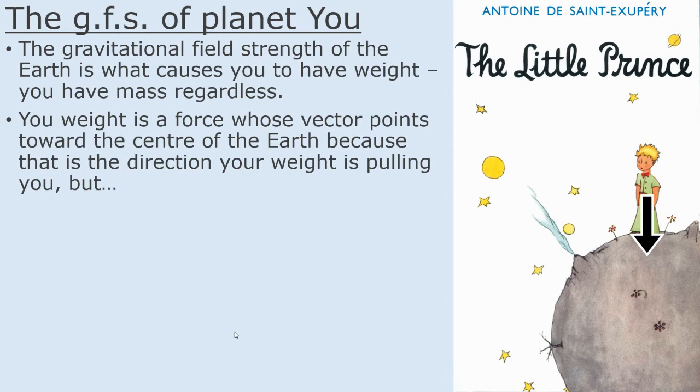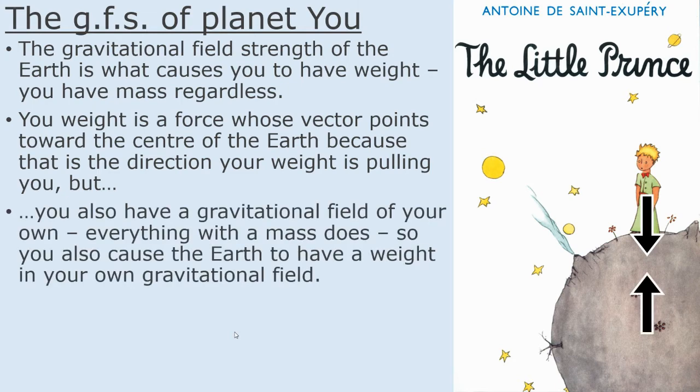Cars and buildings and mugs and dogs, everything's got a gravitational field, but because they're so tiny compared to the Earth, we don't really notice it. So when we're looking at this, the gravitational field strength of the Earth pulls you towards it, so you've got a weight on the Earth, and your gravitational field strength is also pulling the Earth towards you.